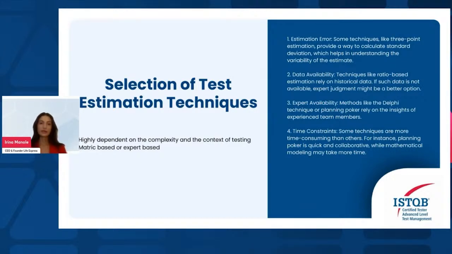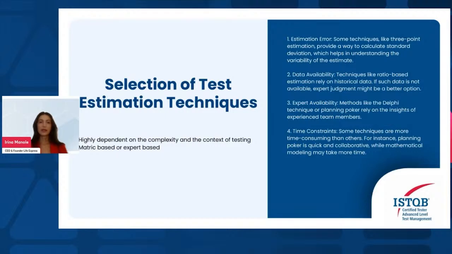If such data is not available, expert judgment might be a better option. Expert availability: methods like the Delphi technique or planning poker rely on the insights of experienced team members. Time constraints: some techniques are more time-consuming than others.